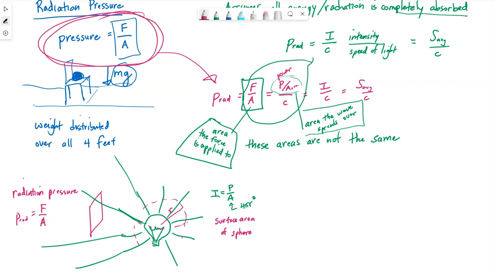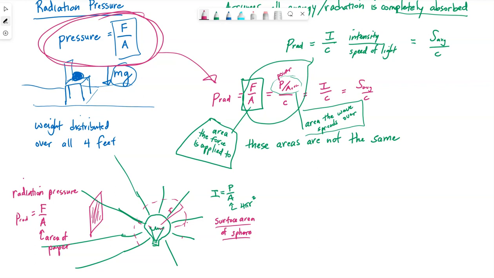Well, if I'm talking about the radiation pressure on this paper, the force is applied to the area of the paper, not the surface area of the sphere. The paper does not completely encompass this light bulb. It only gets a portion of the light.